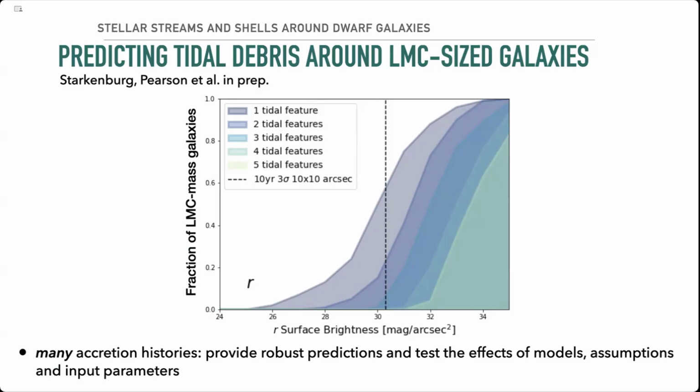You can see that you start to expect seeing a tidal feature around some fraction of the LMCs around our current limits, which is around 28. And we've seen a few in observations. But when you go deeper and get close to the 10-year limit of LSST, you expect to see tidal features around 50% of the LMCs in this model. And actually you expect to see multiple features around some of them.